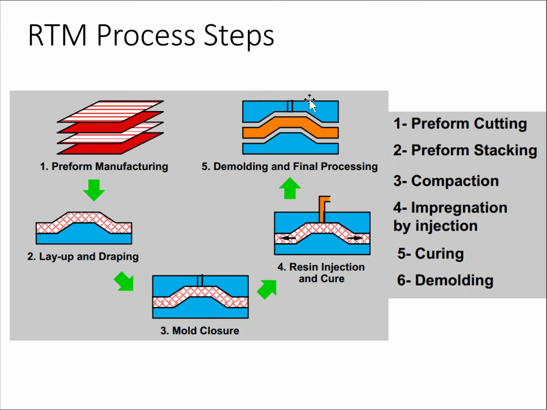You have to put another mold on top of your structure. Okay, so preform manufacturing, then layup and draping, then you close your mold, inject your resin. You should have outlets for the resin, the extra resin to go out of your system, and then you let it cure and demold it.